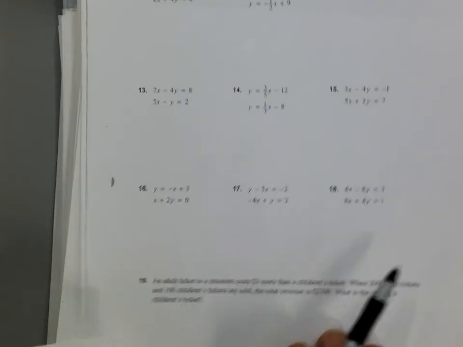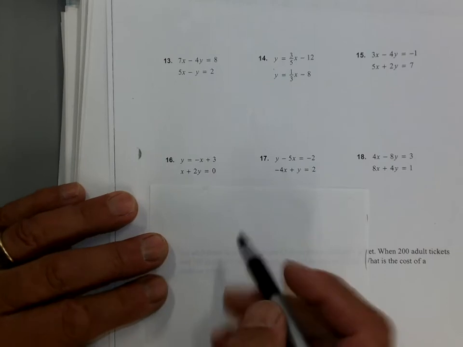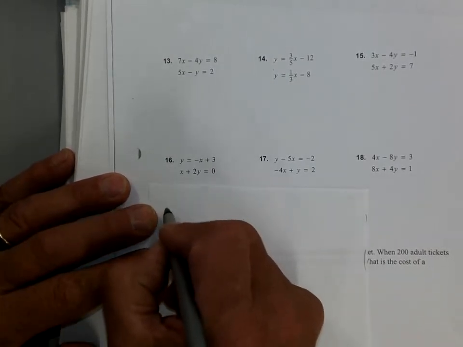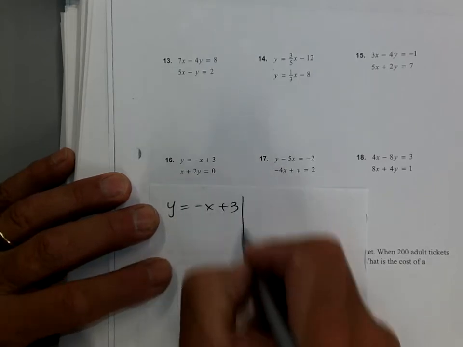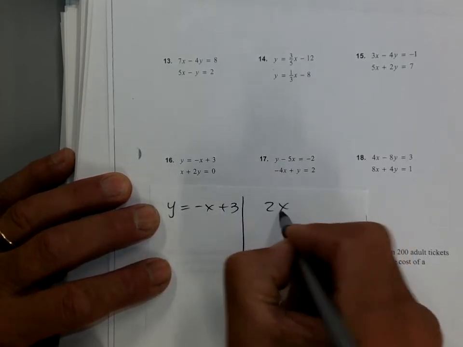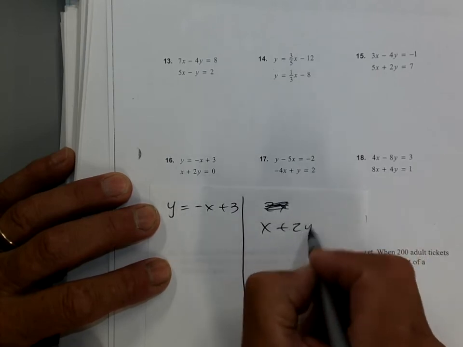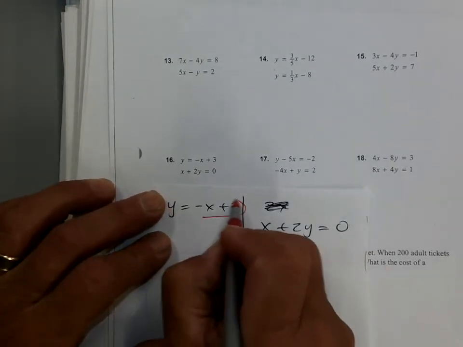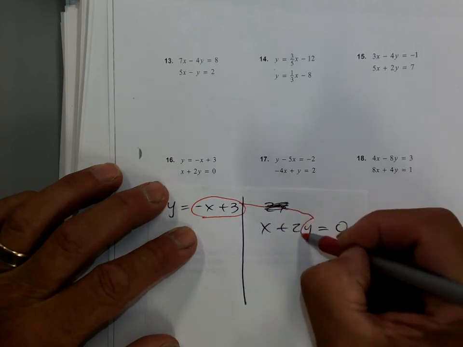Oh, here, I wanted to show 16. Now 16 is unique because we're going to do what we call a substitution, and we learned all of this last year. On 16, I'm going to have y equals -x plus 3, and then x plus 2y equals 0. By substitution, since y is equal to -x plus 3, I'm going to plug that in for y.